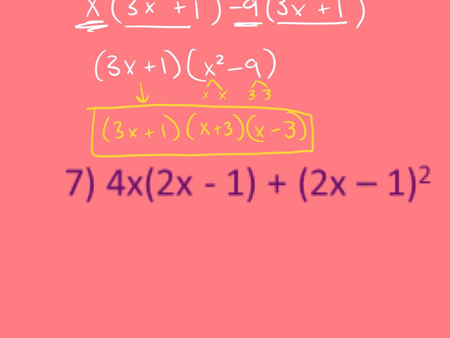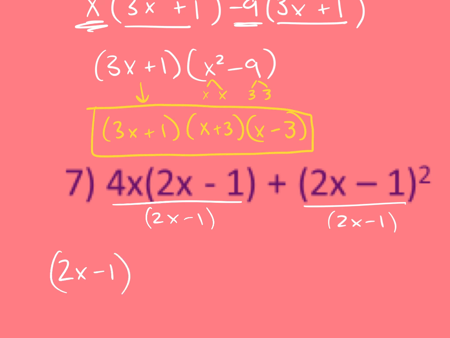So what's my GCF? 2x minus 1. So I can take out a 2x minus 1 from both of these. So 2x minus 1 goes on the outside. In my first term here, the 2x minus 1s are going to cancel. So then I just have 4x.